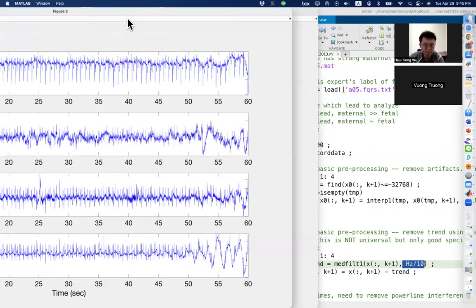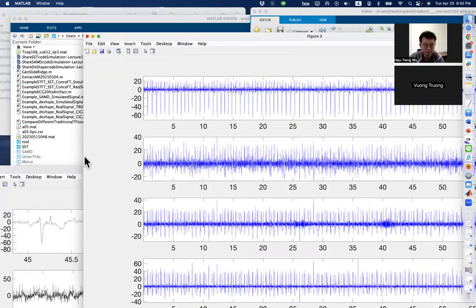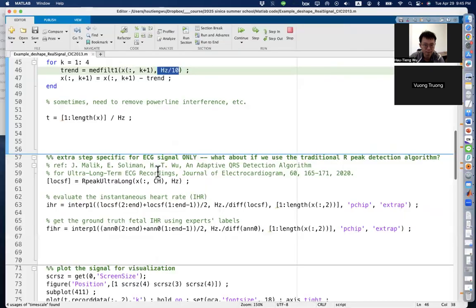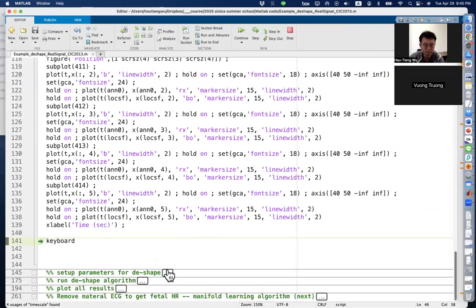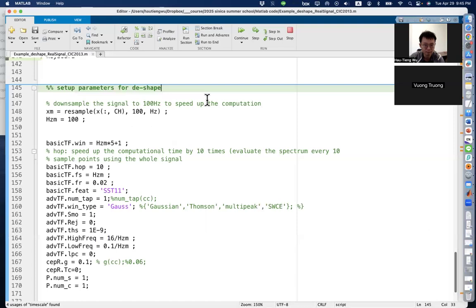Okay. Now let's remove the figures and continue. Next step, once we have observed the data, let's run Dshape and see what we get. And why Dshape?